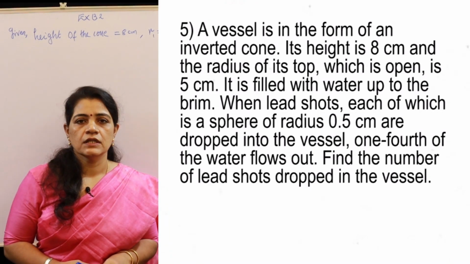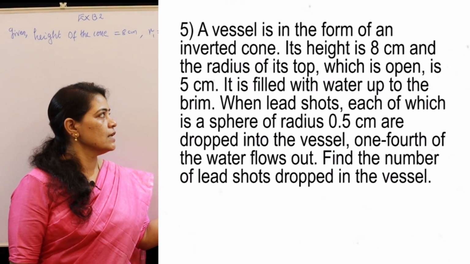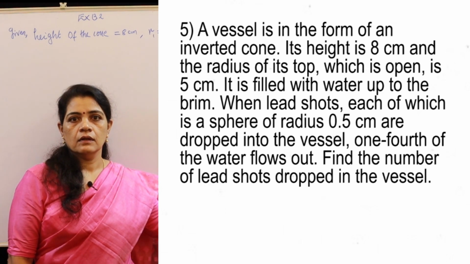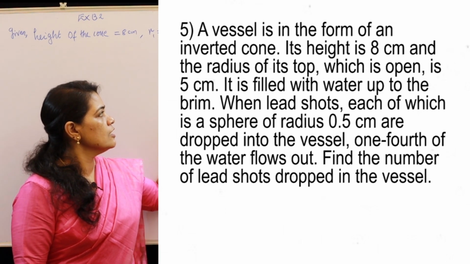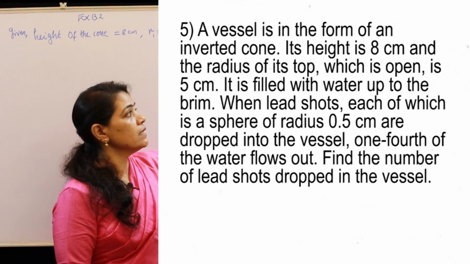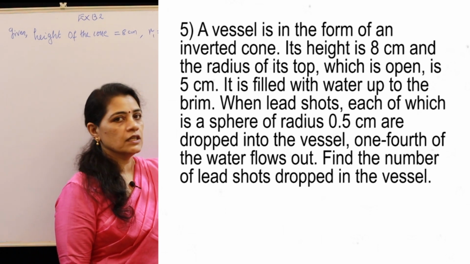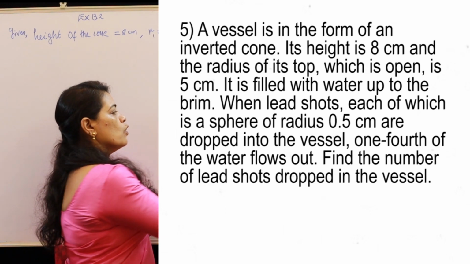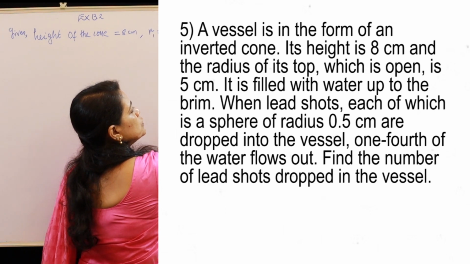In the fifth question, we are given a vessel in the form of an inverted cone. Its height is 8 centimeter and the diameter at the top is 5 centimeter. It is filled with water up to the brim.